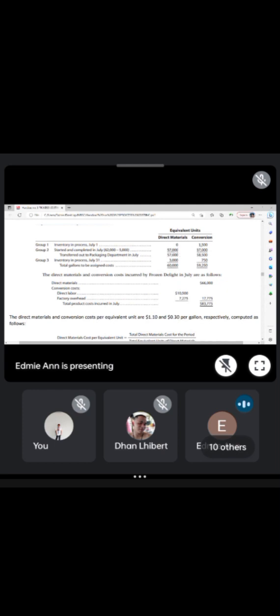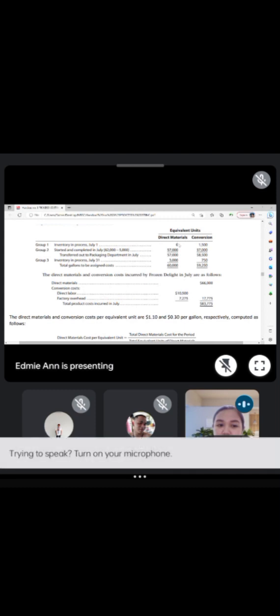So when the beginning inventory and the started and completed are added, group 1 and group 2 are the units that will be transferred out because they are finished. They will be transferred to the packaging department in July. So the total equivalent units for direct materials is only 57,000, since nothing was added in July to the beginning inventory.